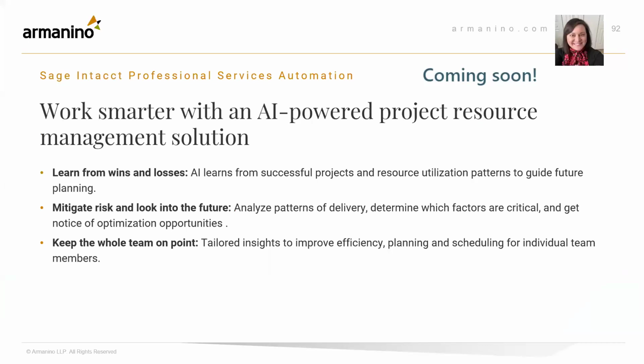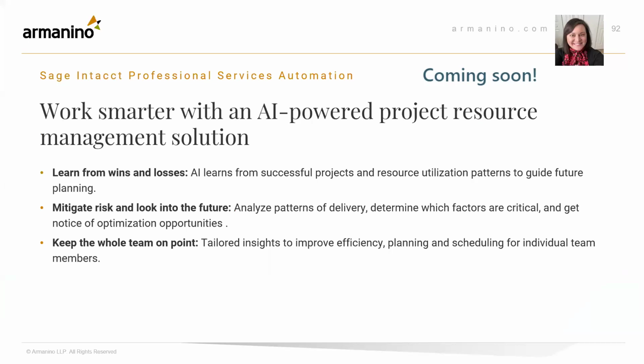Okay, PSA automation. So that is also coming soon. They're going to leverage the forecast functionality, as well as artificial intelligence, to help you learn from successful projects and also from losses, and learn from resource utilization patterns, and really help you guide future planning.